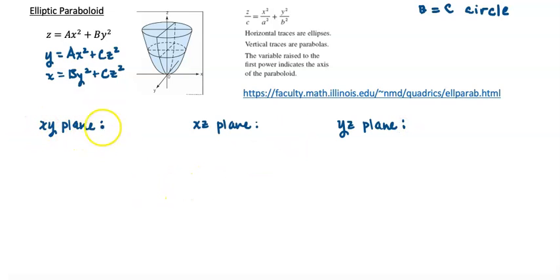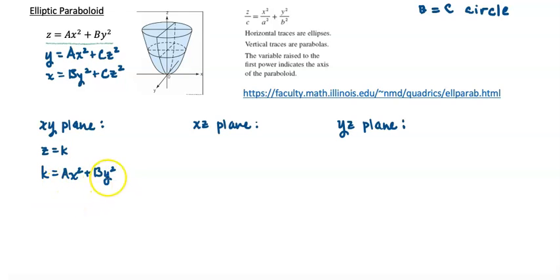Well, in the xy plane, we can say that our z value is some k. And let's just look at this most standard form of the equation with this elliptic paraboloid facing upward. So that will give us something in the form k is equal to ax squared plus by squared.